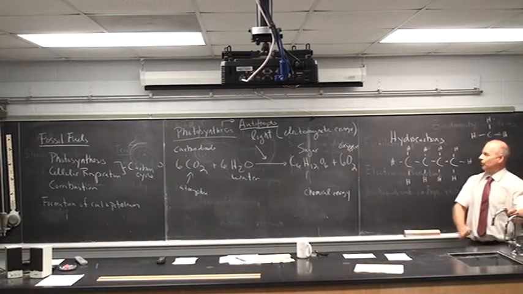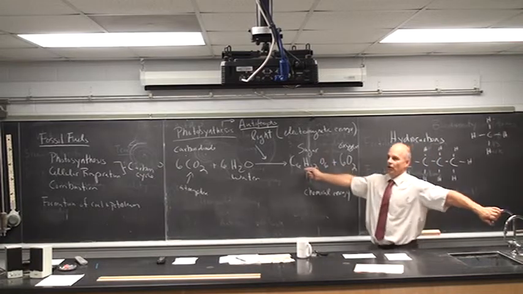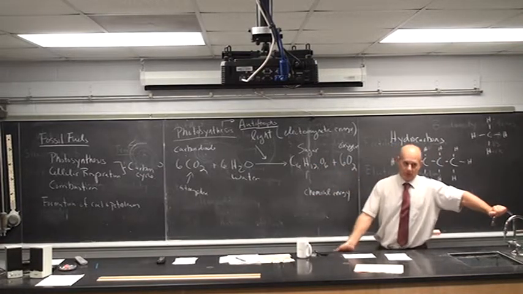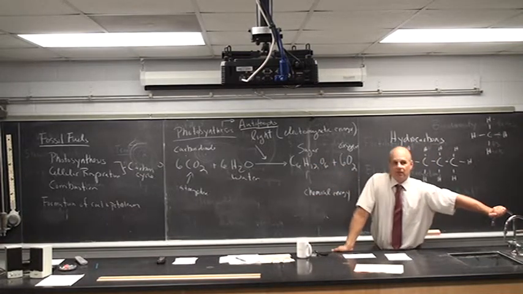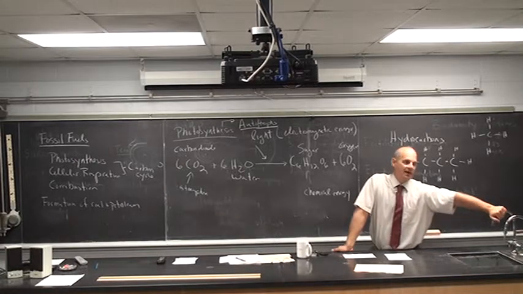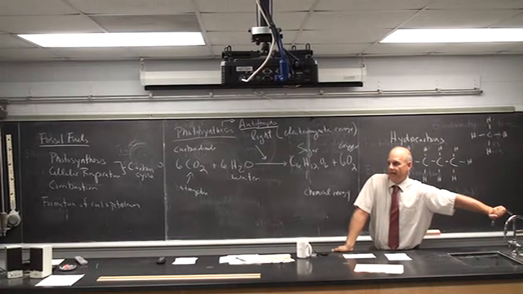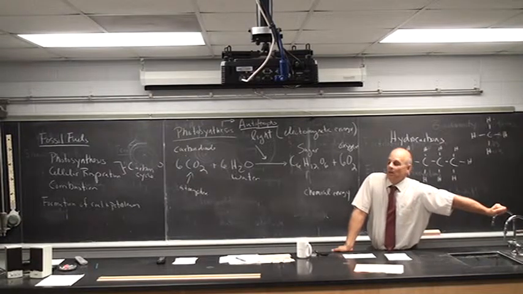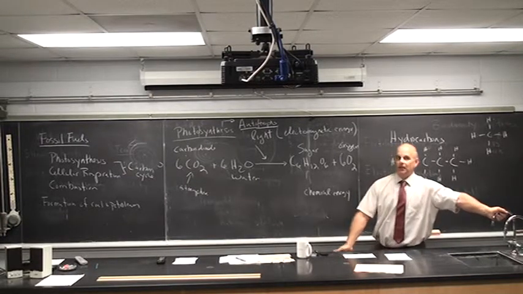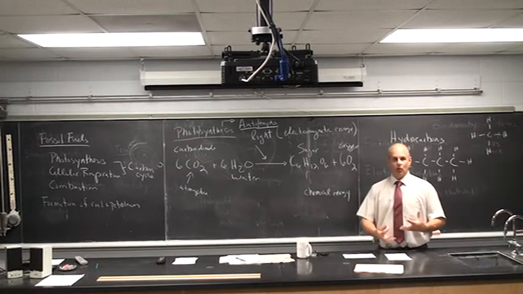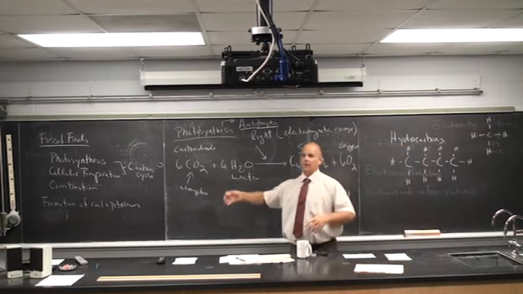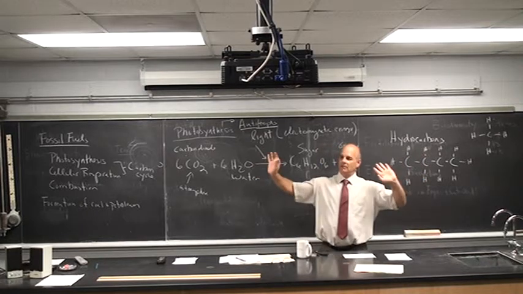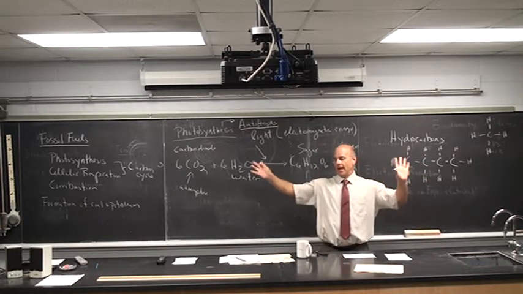What a plant will do is use this sugar as its own energy source. It can't use light directly. It has to make a chemical that it can then burn for its own fuel. So plants don't really need anything other than some minerals in the soil. They need water and carbon dioxide, and they're perfectly happy on their own. They don't need animals.